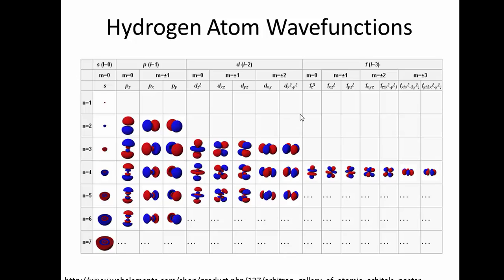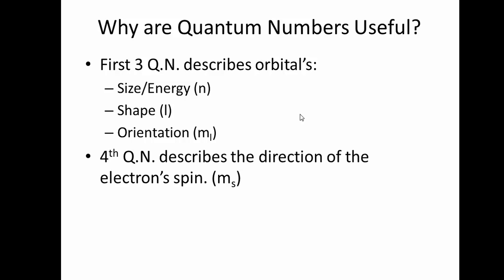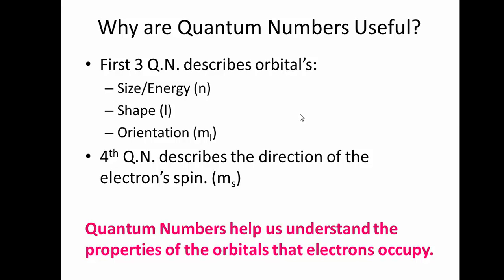And this is important because the quantum numbers help us understand the properties of the orbitals. So the first three quantum numbers describe the orbital's shape, size or energy, and orientation. And the fourth quantum number describes the direction of the electron spin, m sub s. So quantum numbers are just a nice way for us to keep track of different atomic orbitals and help us understand the properties of the orbitals that electrons occupy.